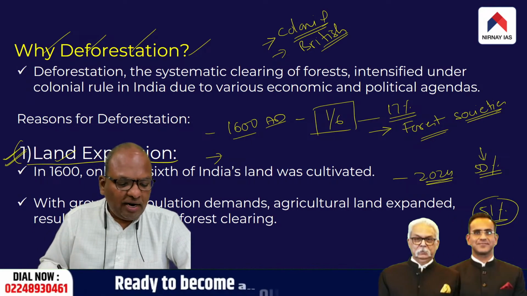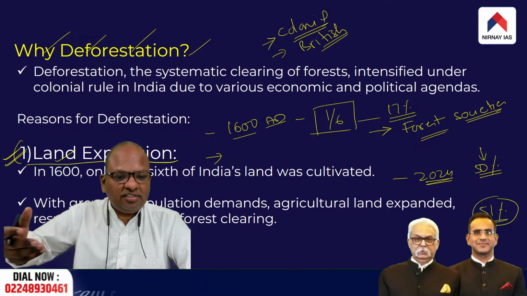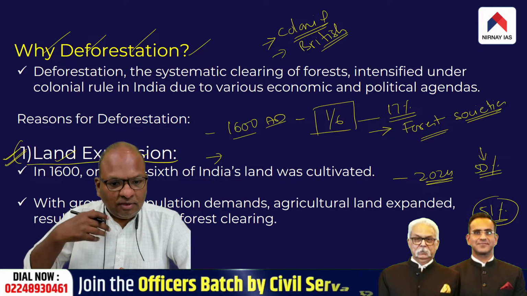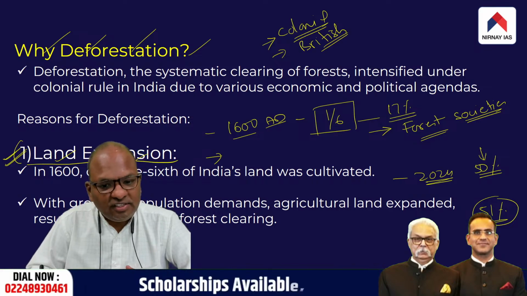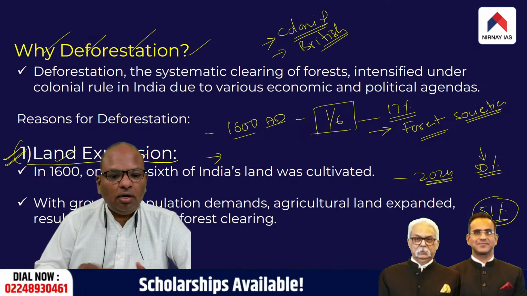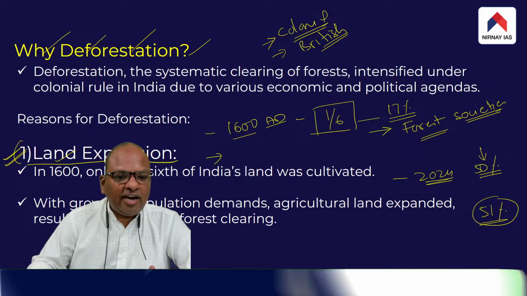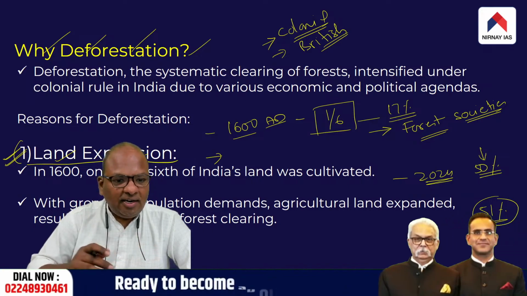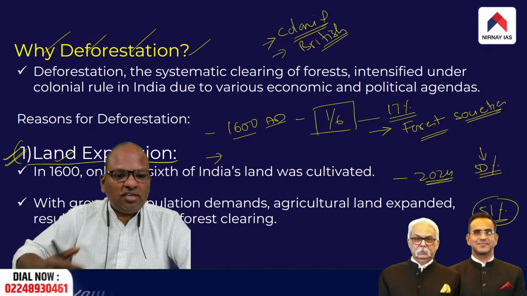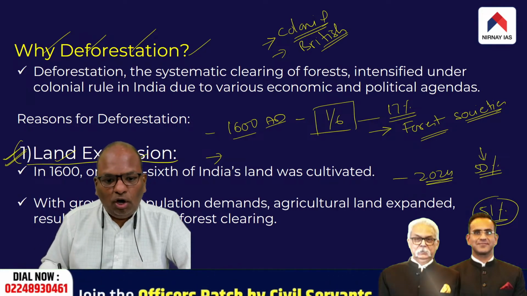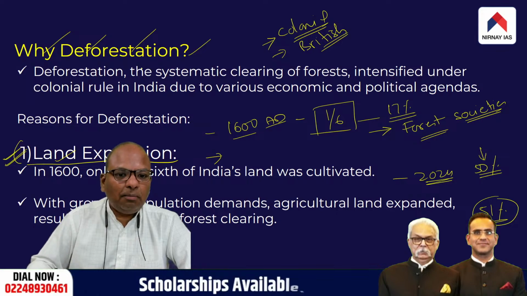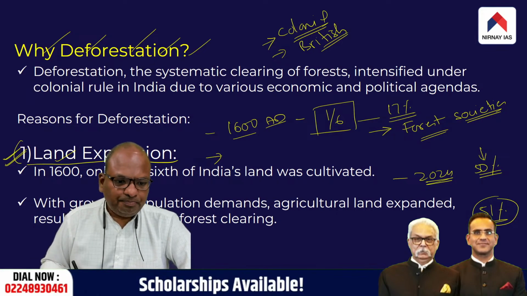As population increased, there was a need to meet the food demands of the increased population. So more trees began to be cut down, and more and more forest land was brought under cultivation.